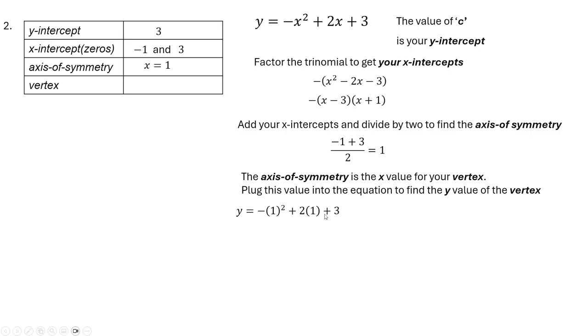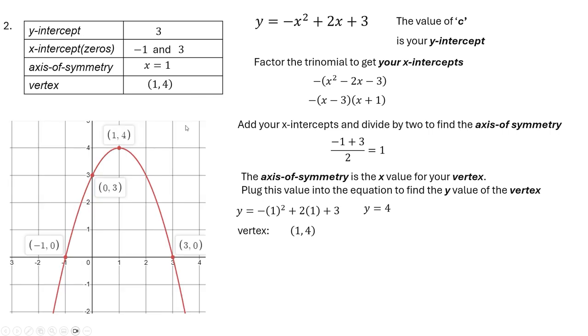Plug that 1 in and come up with a value of 4 for y. So our vertex is 1, 4. And this is what our graph looks like. Now, because there's a negative in front of the x squared, our parabola faces downwards.